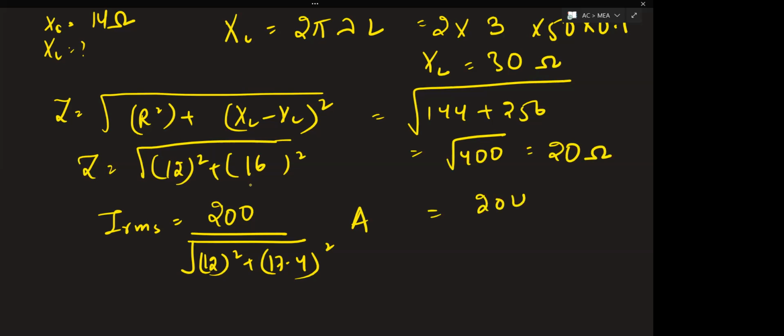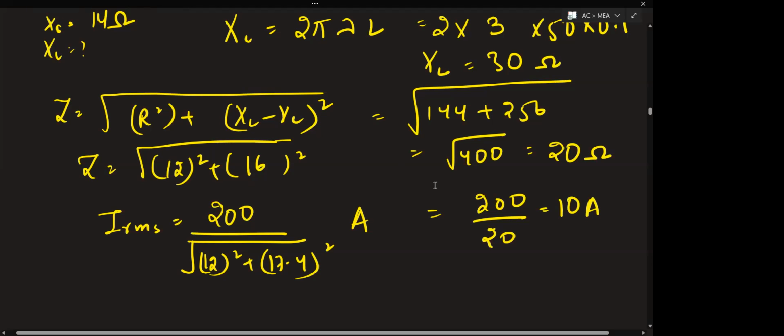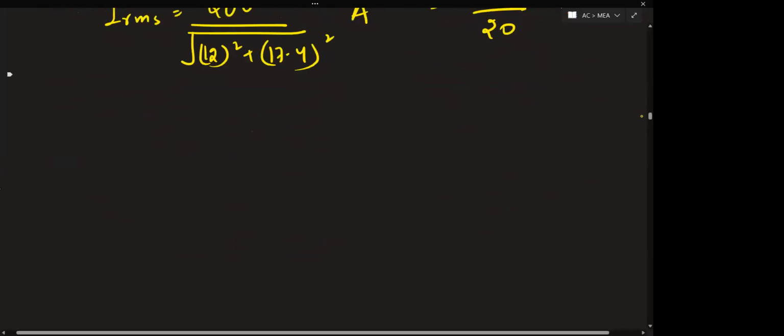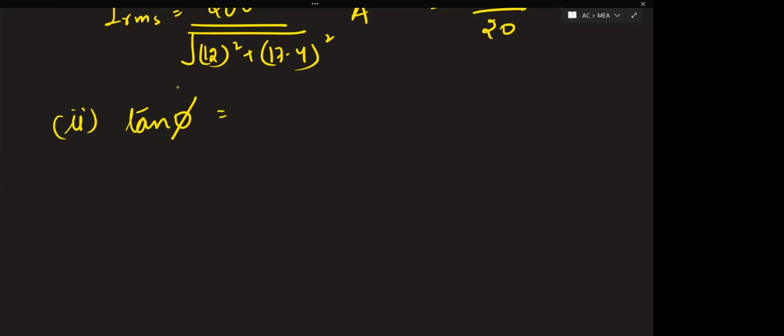See, 200 divided by 20 will give you 10. 10 ampere is the answer for the first part. Now, second part says phase angle. For the second part, phase angle can be calculated by tan phi. See, it will be XL minus XC, here also it won't be 17.